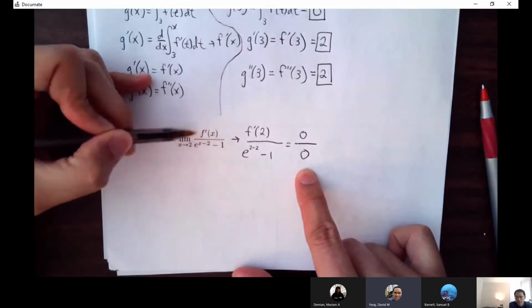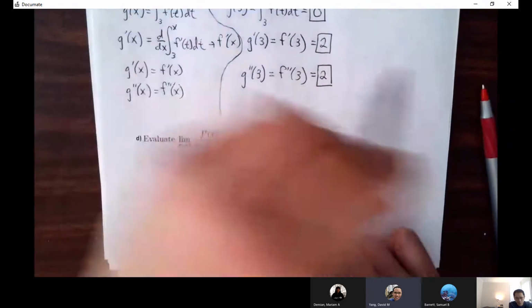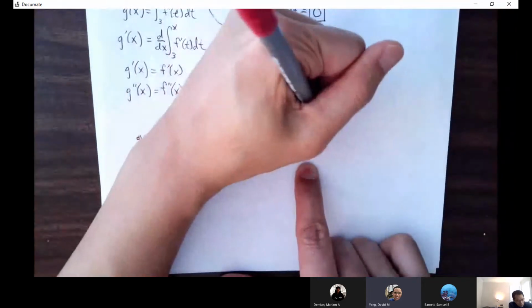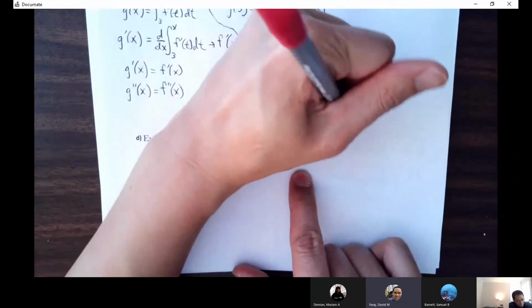This is not something that we can factor, but we can find the limit. There's a hole in the graph, but this is also a condition where we can apply L'Hopital's rule.